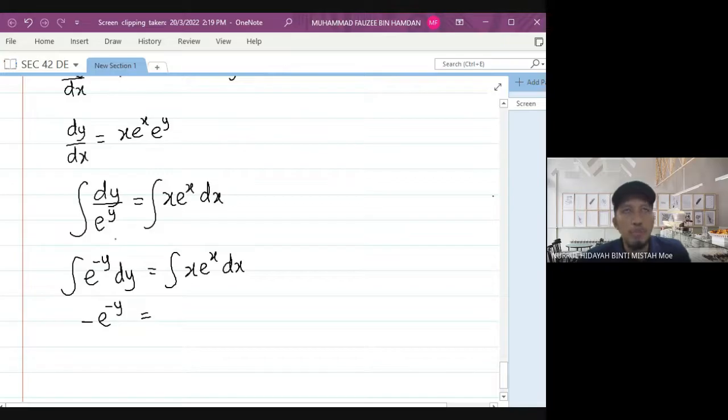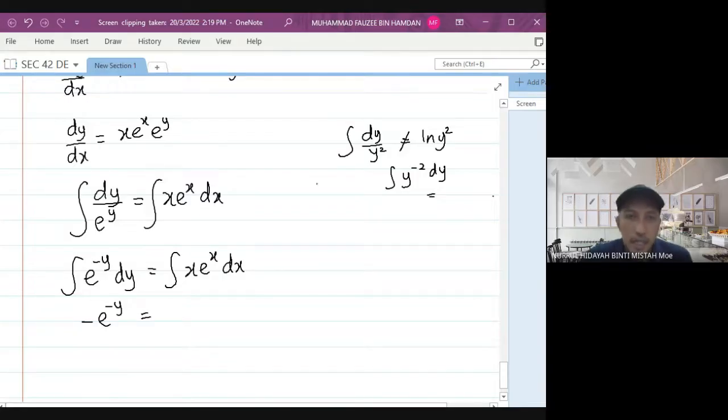Don't assume everything when you have dy over y, ln y is correct, but for y squared, this is not ln y squared. Jangan anggap asal bahagi je macam tu terus ln. If this one, you need to change y negative to dy, so you can use the integration of power. So it's very easy. Hopefully you can remember that.